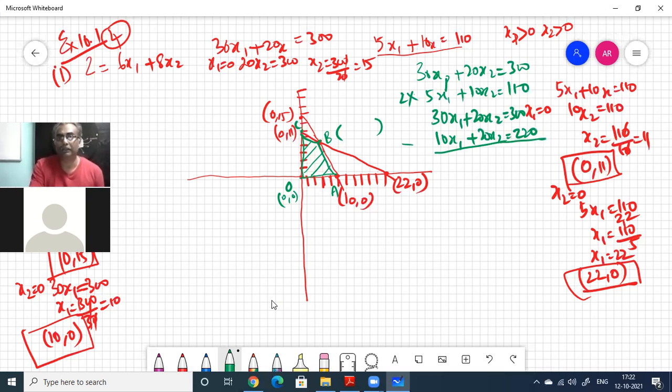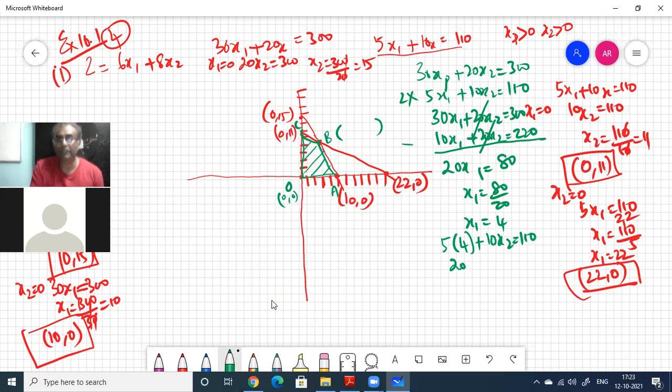So subtract. This will get cancelled out. 30 minus 10, 20x1 equal to 300 minus 220, 80. So x1 is equal to 80 by 20, that's equal to 4. x1 equal to 4. Now substitute that in any one. Let us substitute in 5x1 plus 10x2 equal to 110. 5 into 4 plus 10x2 is equal to 110.